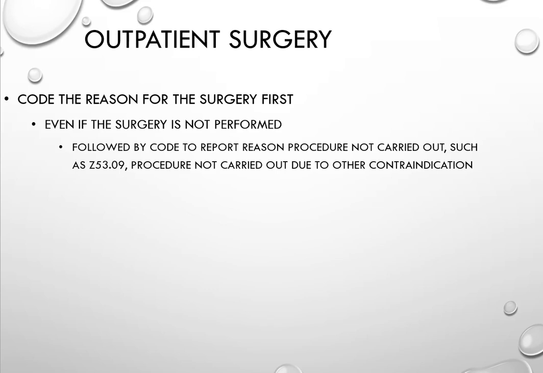In outpatient surgery, now this is when a patient presents for like that same day surgery, we're going to code the reason for the surgery as our first listed diagnosis because, remember, that's the reason for that encounter. Now, even if the surgery for some reason doesn't get performed, maybe the patient's blood pressure is too high or whatever, you're still going to code for the reason for that surgery.